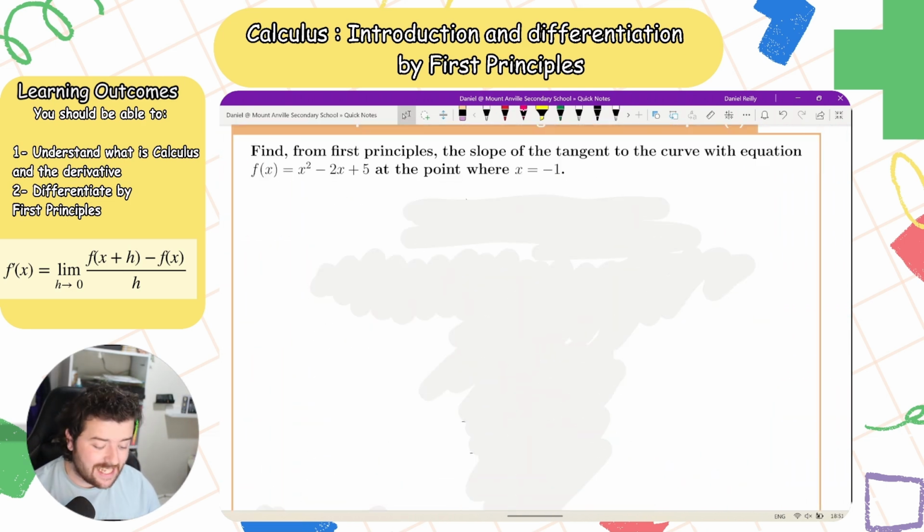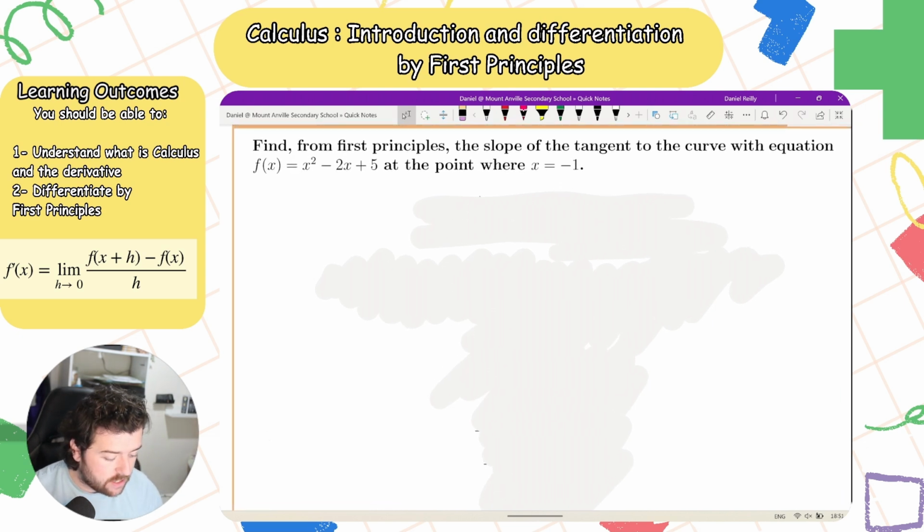Right, so let's look at this example now. Find from first principles the slope of the tangent to the curve with the equation x squared minus 2x plus 5 at the point where x equals minus 1. So we want to find the rate of change at x equals minus 1.